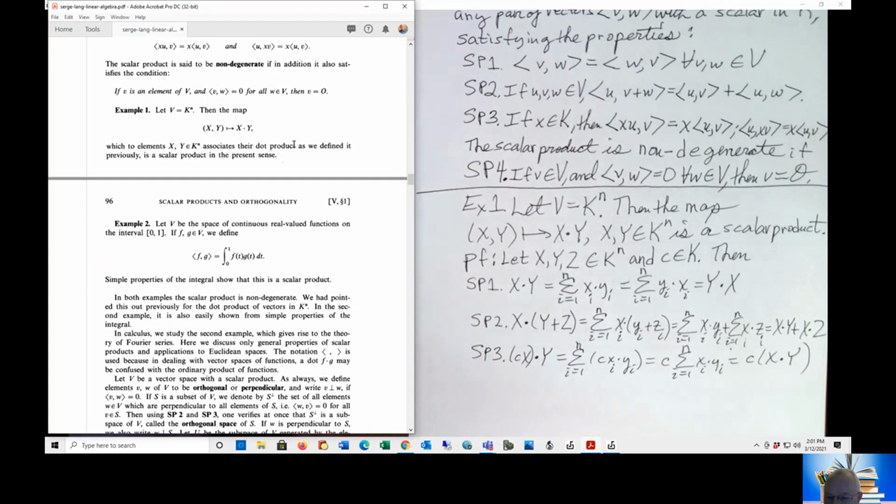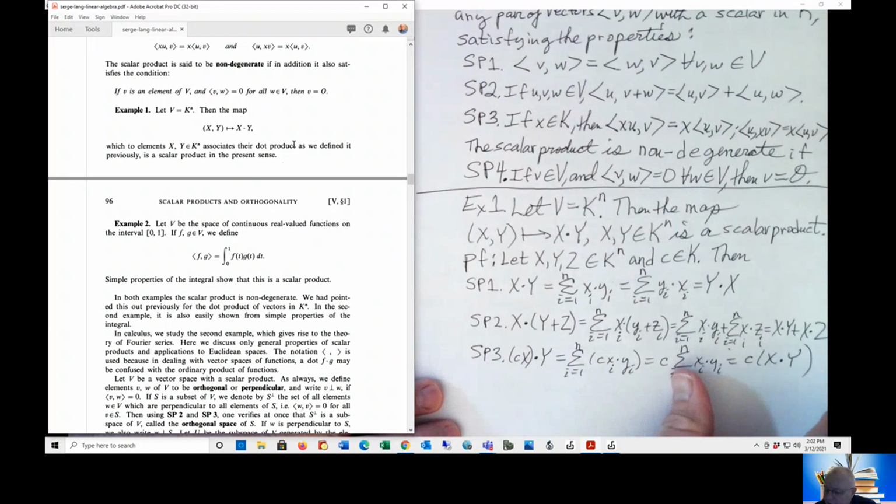So that easily shows that x dot y is the same as y dot x. And in similar fashion, you can see here that x dot product with y plus z is distributive, and you get x dot y plus x dot z. And third, clearly scalars can go in and out anywhere, and they factor out as needed. So that is clear to see.